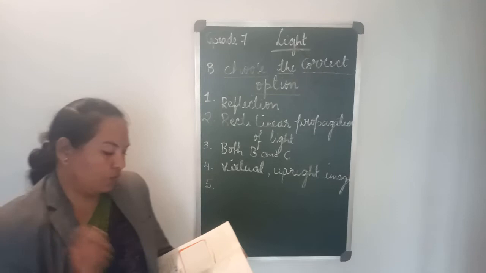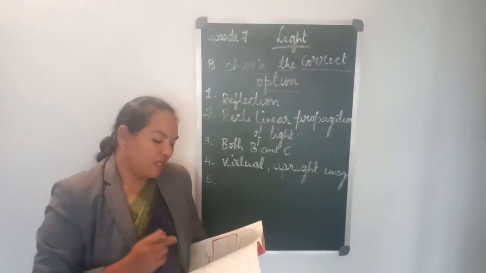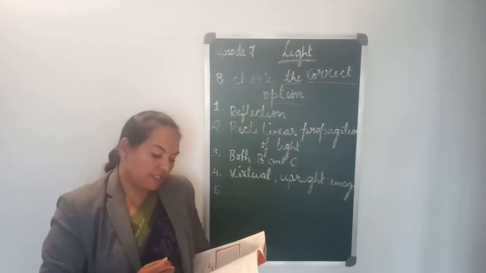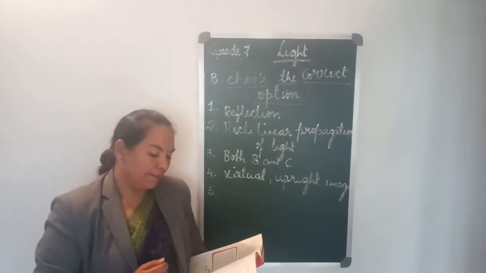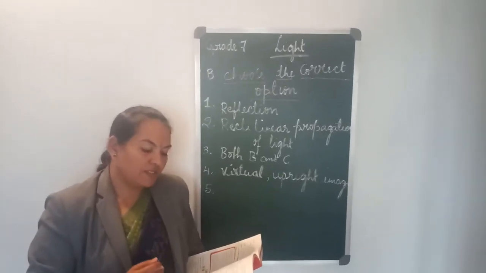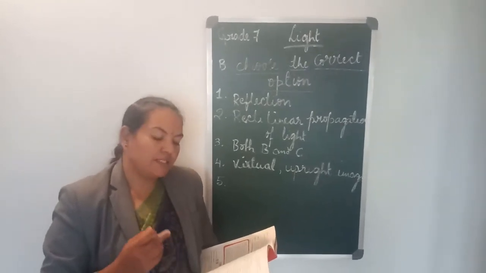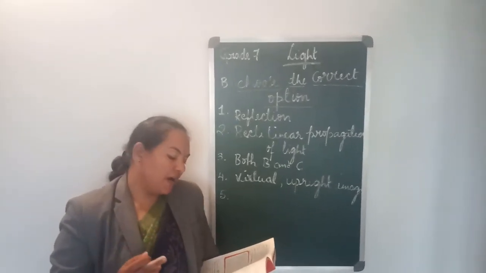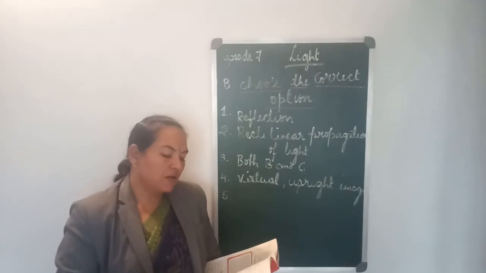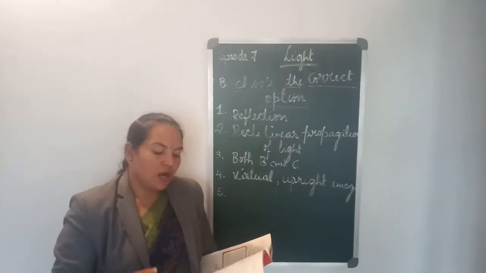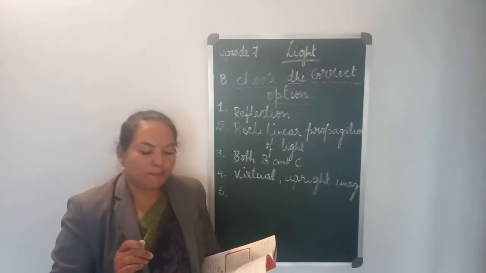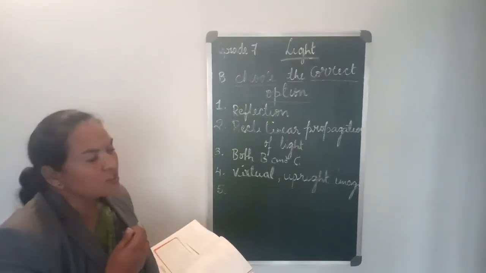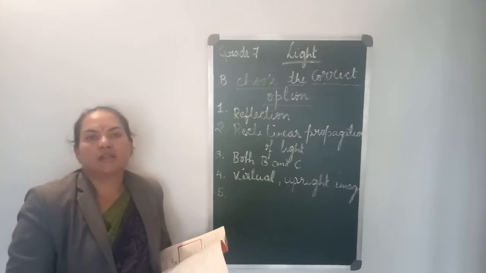And the fifth one. At which surface does reflection of light take place? I'll repeat. At which surface does the reflection of light take place? Options are only mirrors, only metals, all sorts of surfaces, both A and B. Here, reflection takes place on all sorts of surfaces.